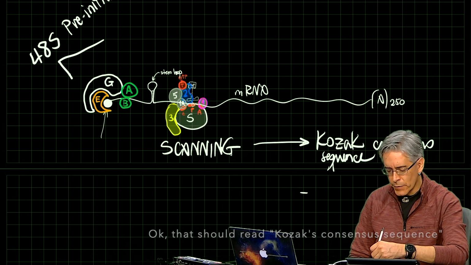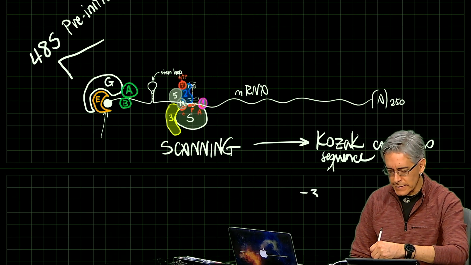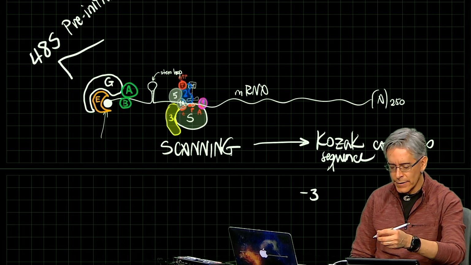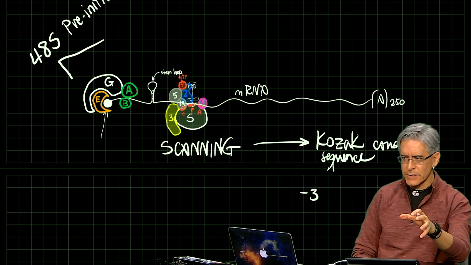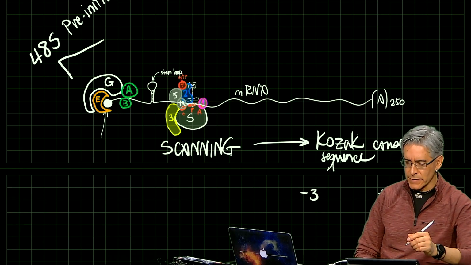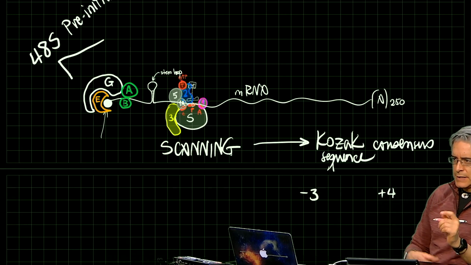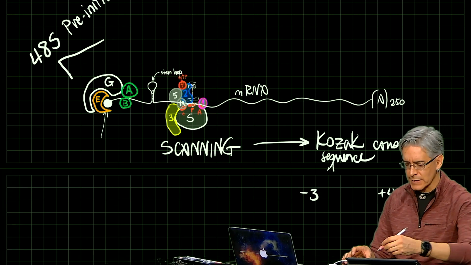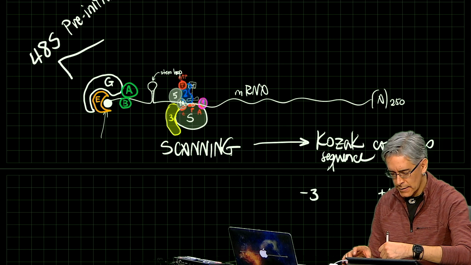The most important nucleotides are located in the -3 position and the +4, surrounding the location of the actual start codon. So the -3 and the +4 are the critical elements of the Kozak consensus sequence.